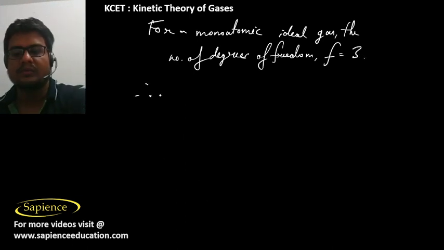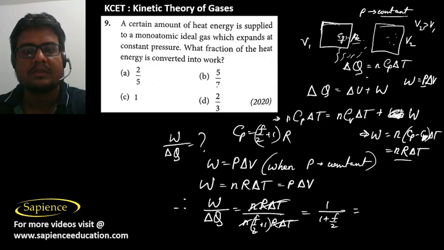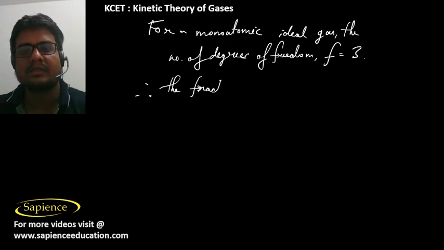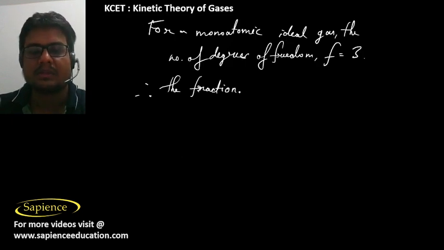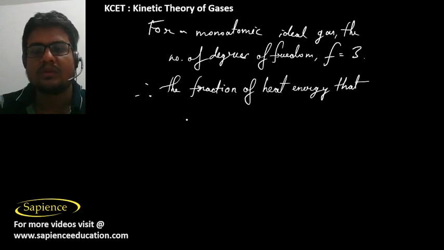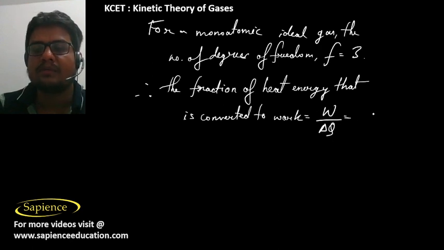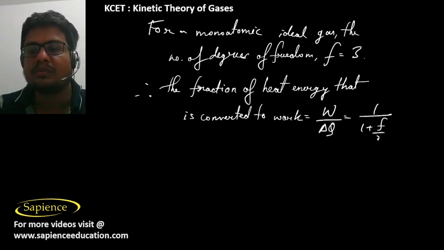Therefore, the required fraction, the fraction of the heat energy that is converted to the work, will be equal to W by delta Q, that we have found is equal to 1 by (1 plus F by 2).